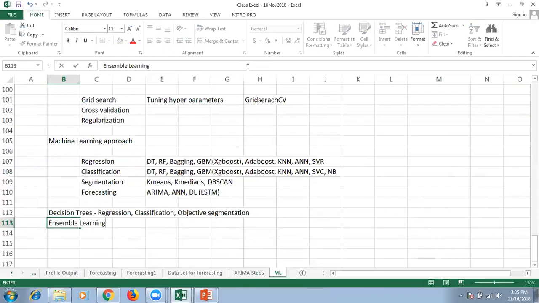The only thing is, conceptually you are extending this concept to more trees. So this is the place for bagging, random forest, GBM or AdaBoost, and XGBoost, that is nothing but extreme gradient boost. So these are the things we will talk about now.